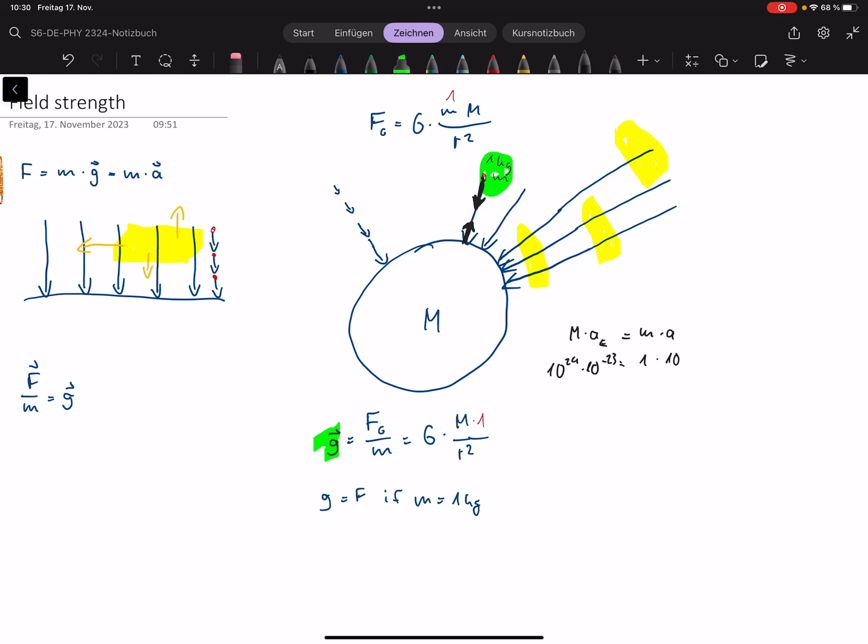As I've said before, on the opposite side of the Earth, in Australia, for example, there's also a physics teacher that makes the same experiment with a mass falling down on the floor. So there is also a force here acting on the Earth. You wouldn't notice that.